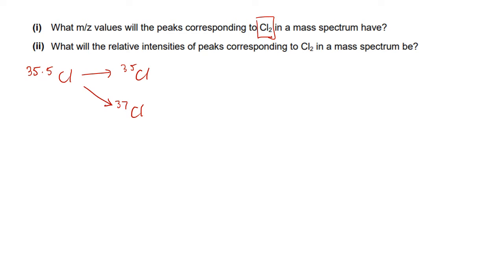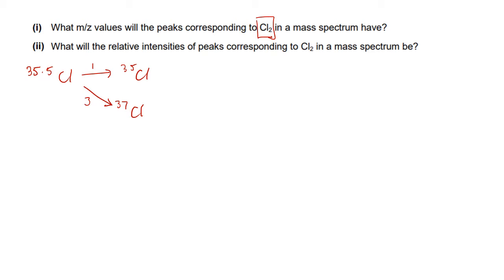And if this is one mark, you have to be able to do this intuitively in your head rather than with the long weighted average equation. So if they're the only two isotopes and the average has got to be 35.5, you can see that the ratio needs to be 1 to 3.